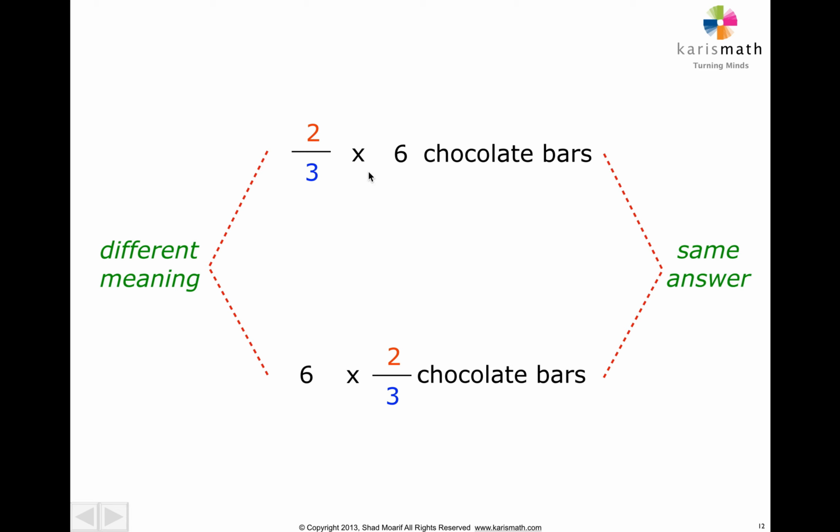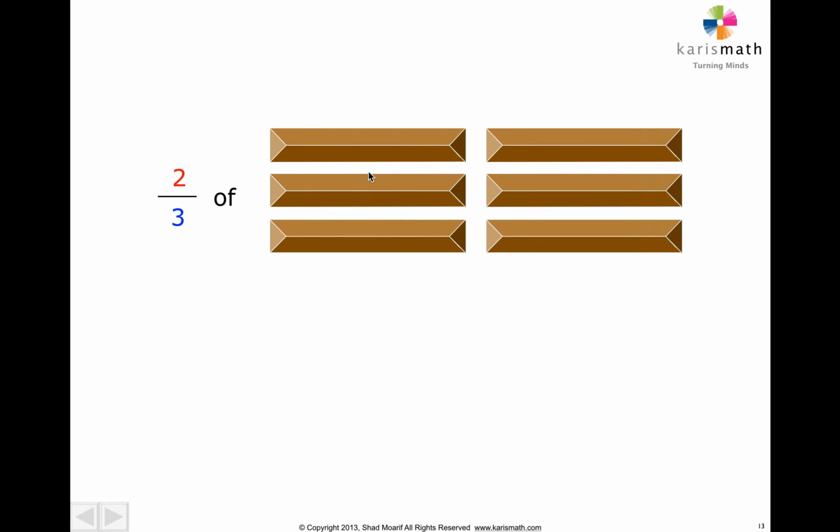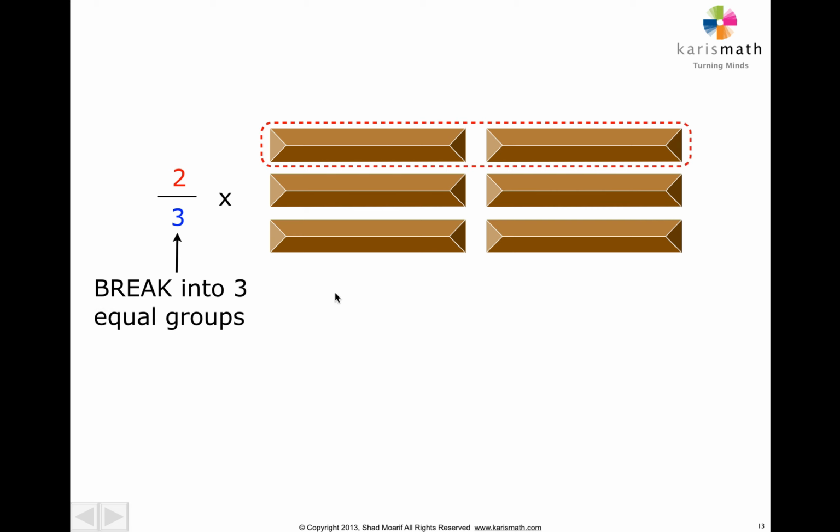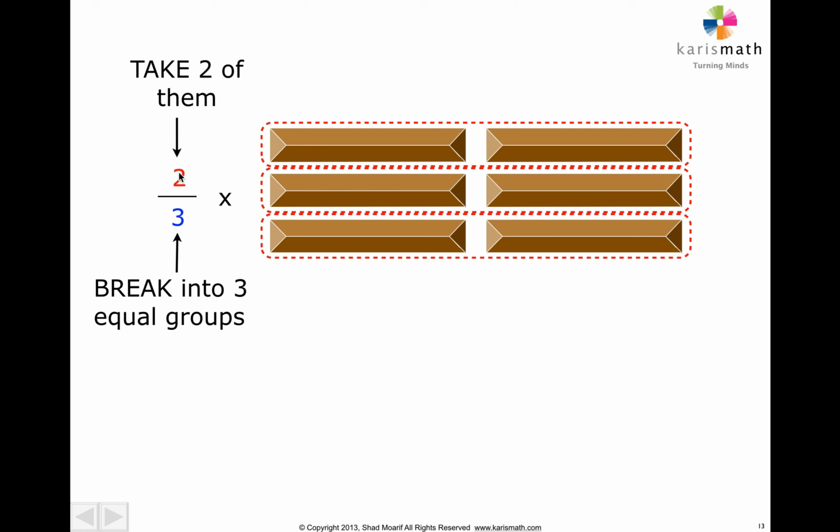So let's look at 2/3 of 6 chocolate bars. Those are the 6 chocolate bars. If you take 2/3 of these, break them into 3 equal groups, like 1, 2, and 3. These are 3 equal groups. And now take 2 of those.